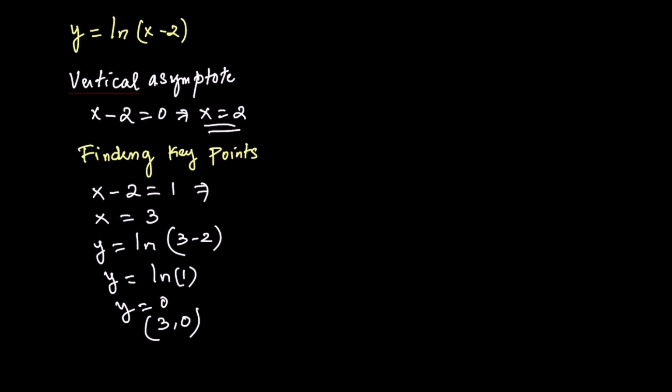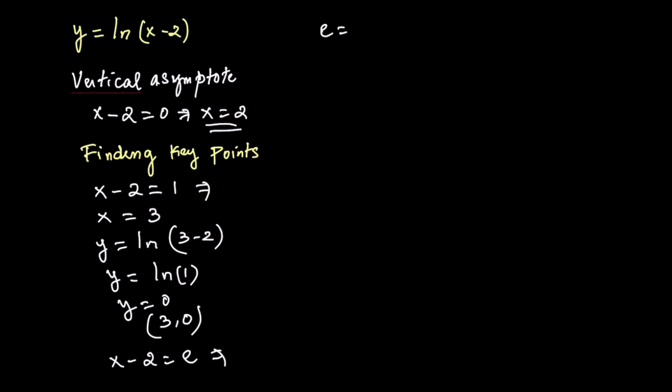Next, let's find the second key point. This happens where the argument equals the base e, approximately 2.72. We solve x minus 2 equals e. Substitute e with 2.72, and we have x minus 2 equals 2.72. Therefore, x equals approximately 4.72.